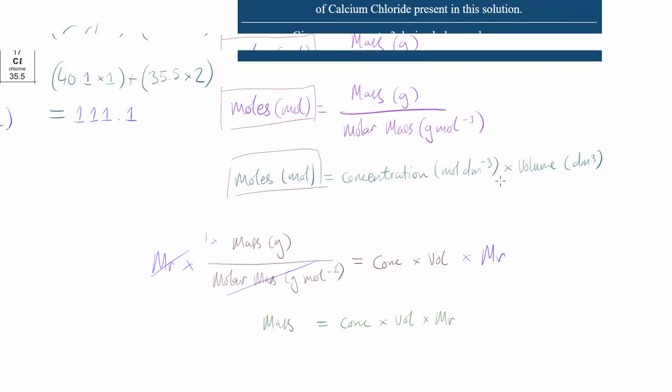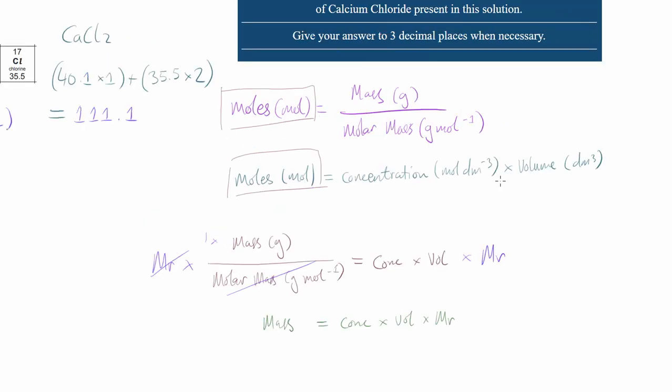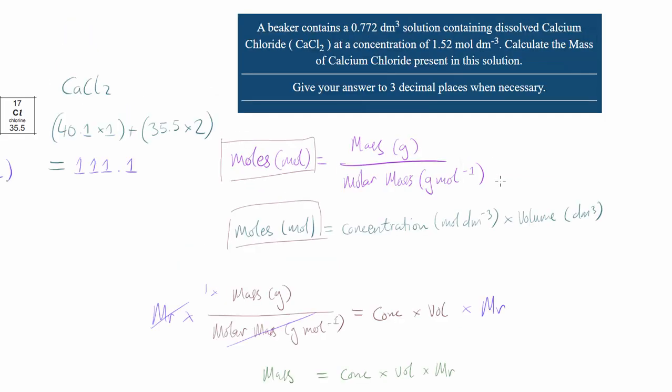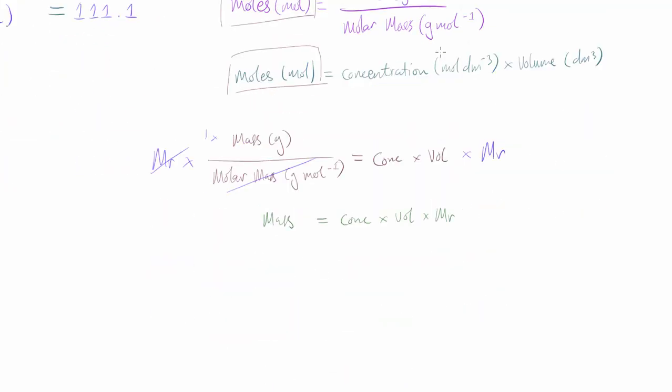At this stage we can do the substitutions for our question. Our concentration is 1.52 moles per dm³, and I'm including the units for clarity.